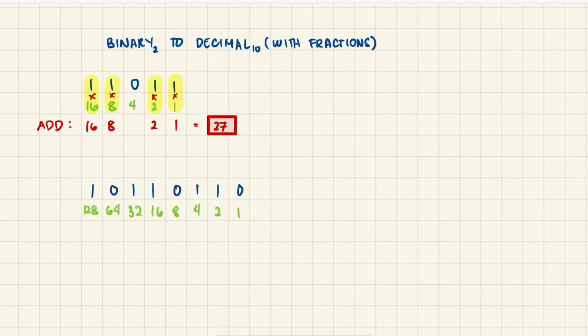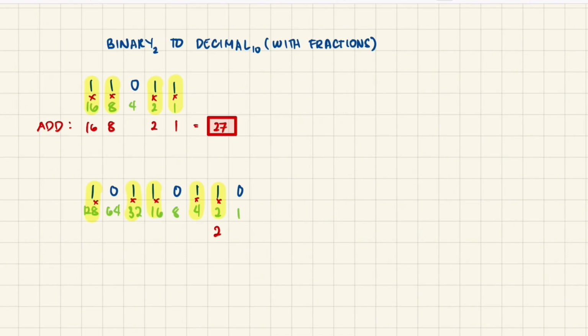And then we are going to multiply all of the numbers. And the last step is to add all of these up, and it will give us a value of 182.